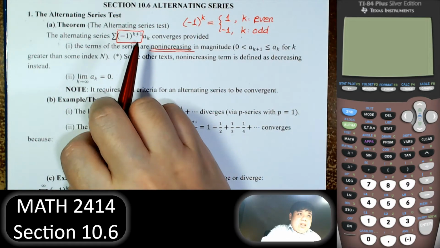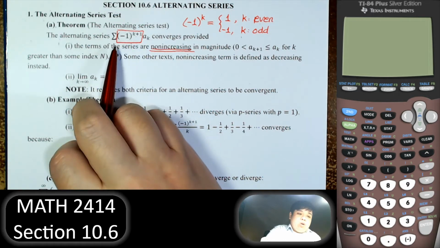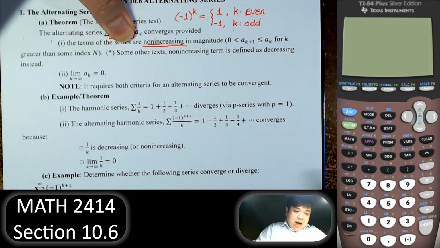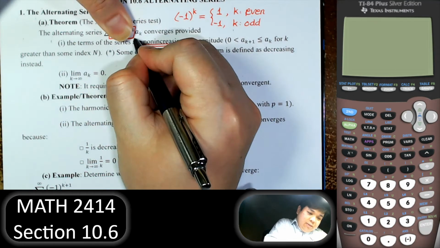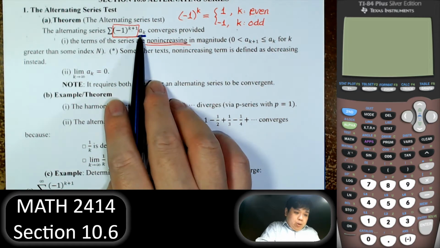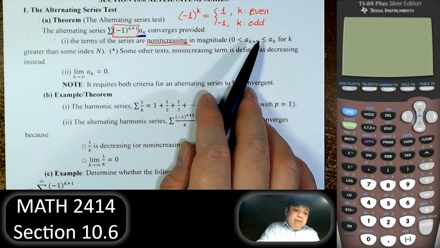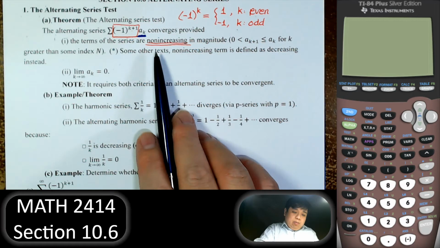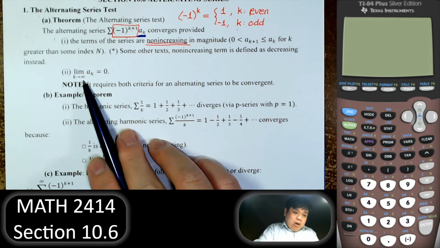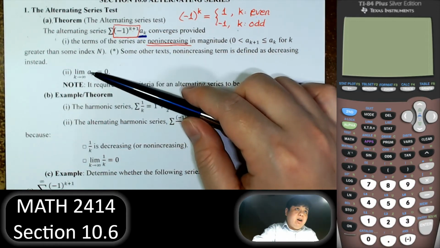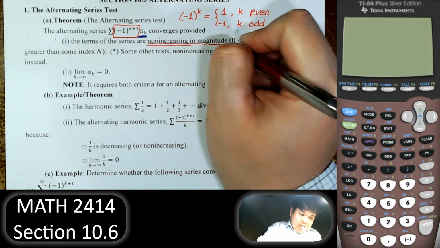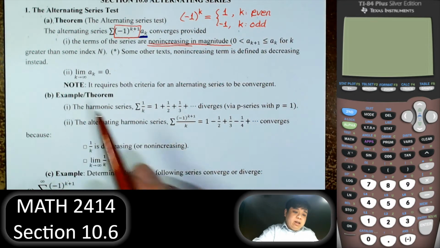So in this case, the signs alternate between positive and negative. Once we take that away, what's left will be used to determine if this is non-increasing, and if the terms go to 0 as k goes to infinity. When both of these are satisfied, the series is convergent. If one of them fails, it is divergent.